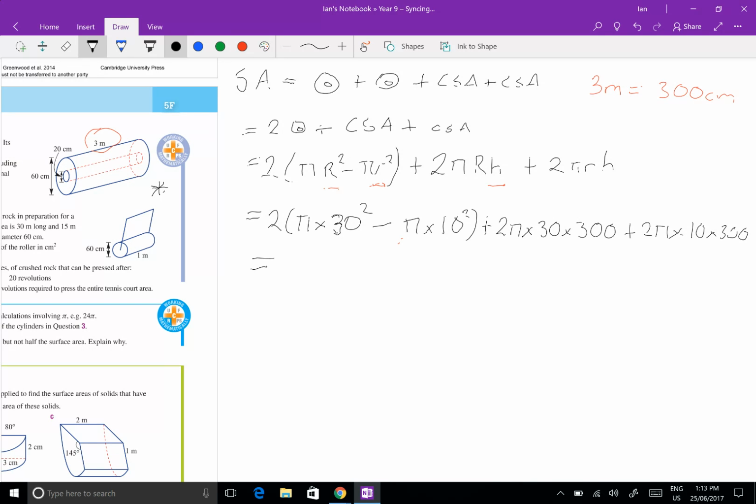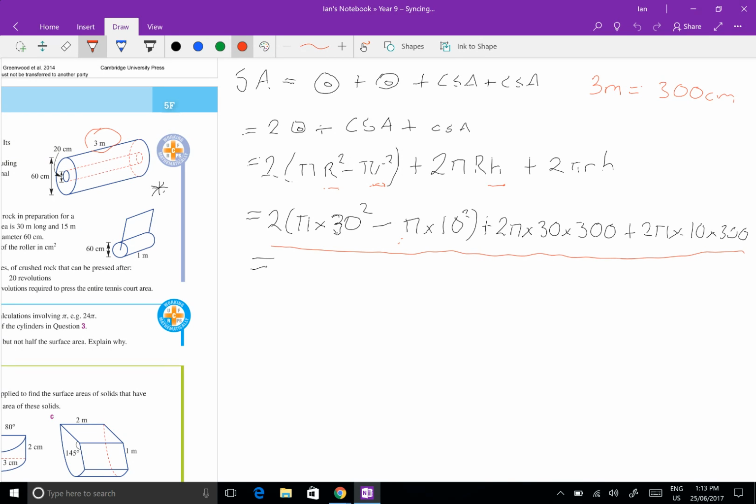Now, then it just becomes a calculator exercise. This is the most important line though, because this shows all your substitutions, and anyone looking at it can realise, particularly if you've stepped out your working, what you've done, and if you've made a mistake, or if you've typed in the rest, or put in the right values.